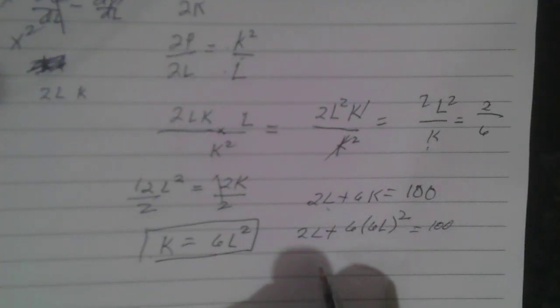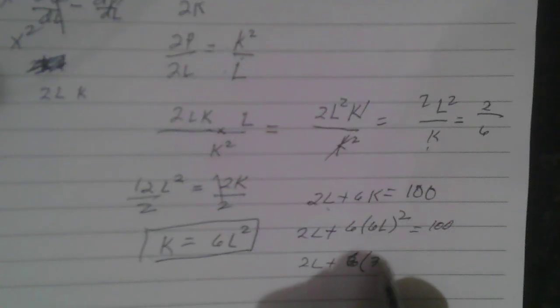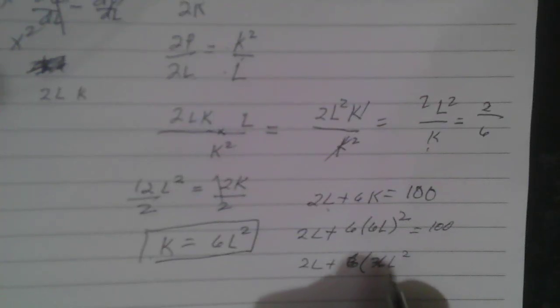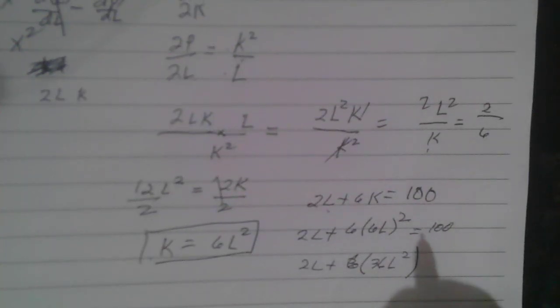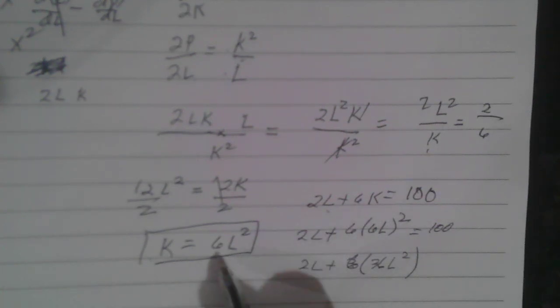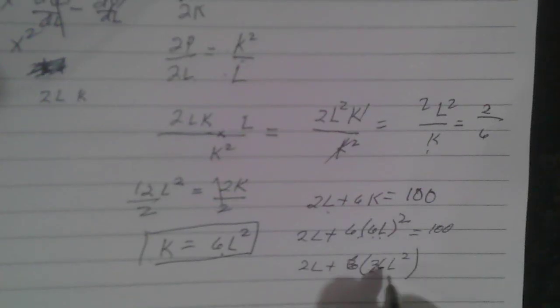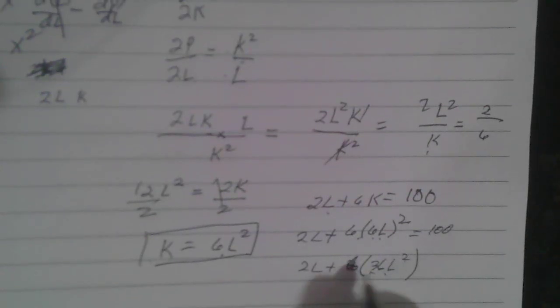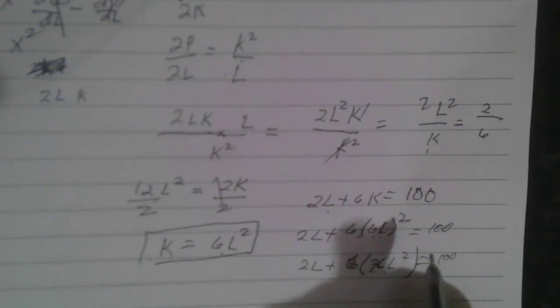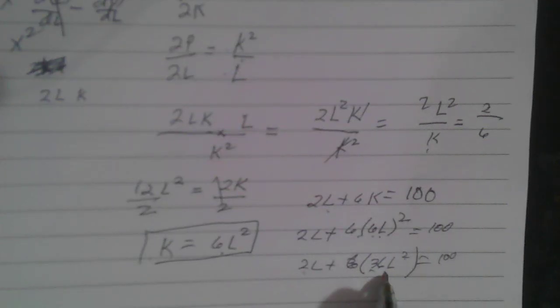So you have 2L plus 6 times 36, L square. 6 times 6 L square, when you square it, is 36 L square. Equals 100.